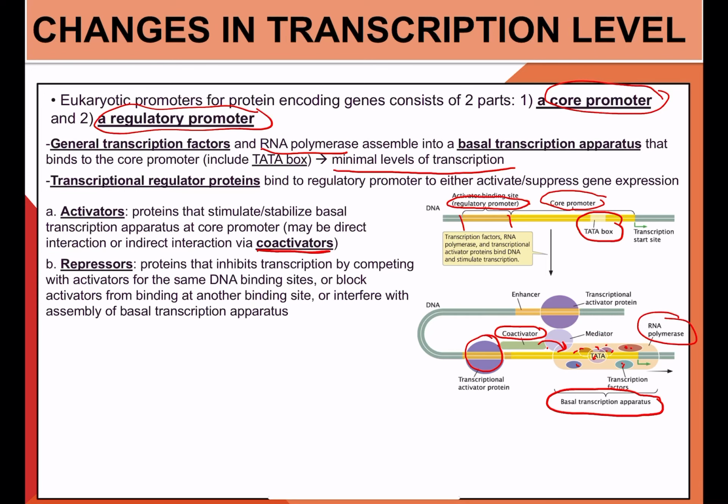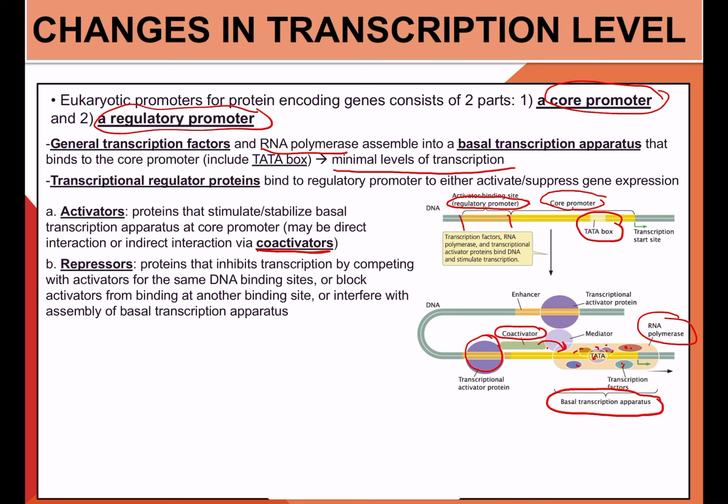Now, repressors are proteins that can inhibit transcription by either competing with the activator for the same binding site, like the regulatory promoter, or binding to a site close to the regulatory promoter that can inhibit activators from binding, or they can ultimately interfere with the assembly of the basal transcription apparatus itself.